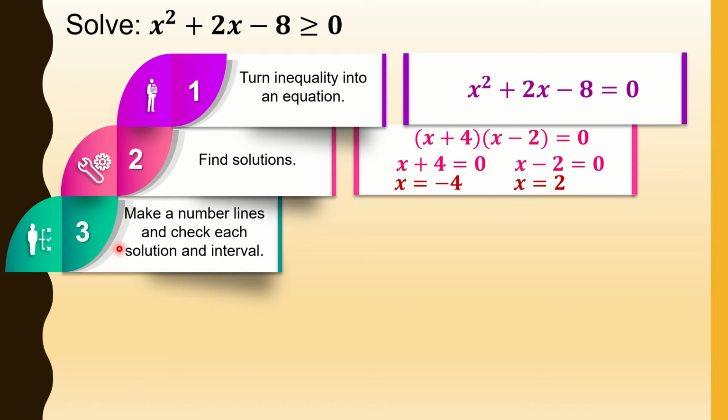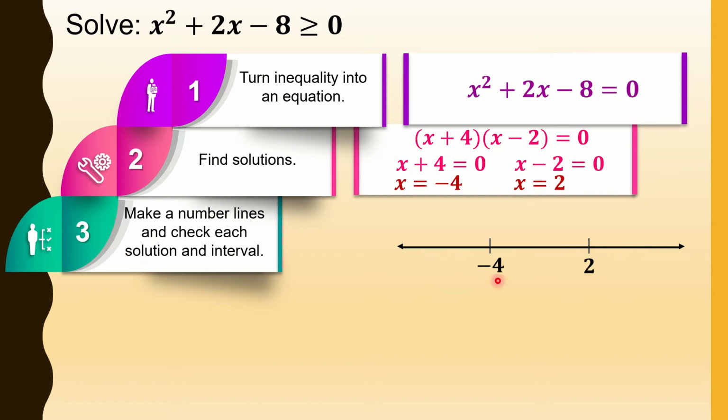In our third step, we need to make a number line. So I have here a number line in which the points are negative 4 and positive 2. These are the points I obtained after finding the solution of this equation. So next, we will check each solution.